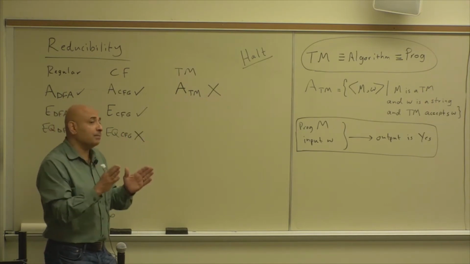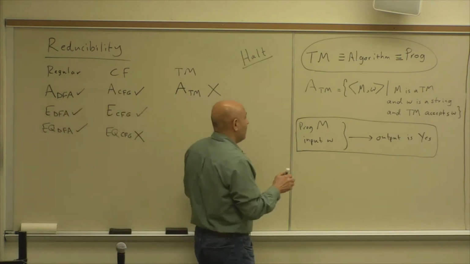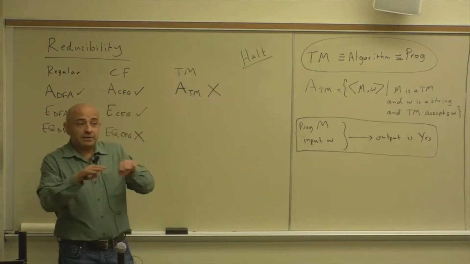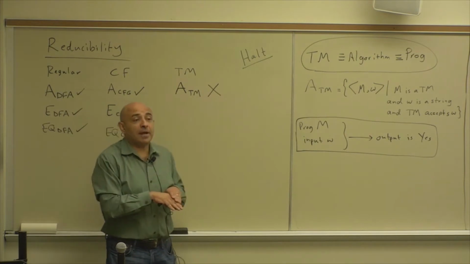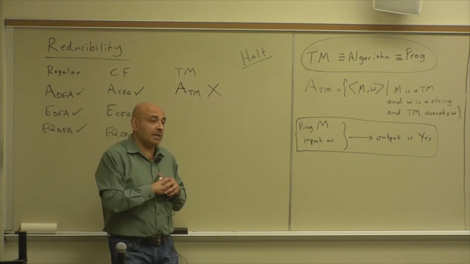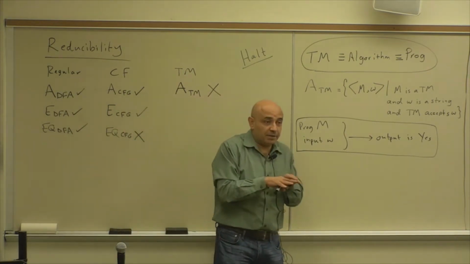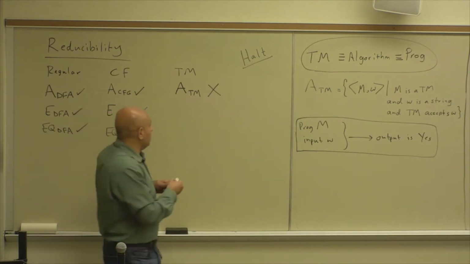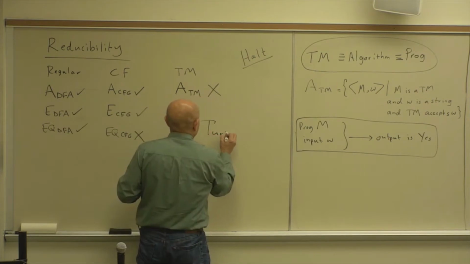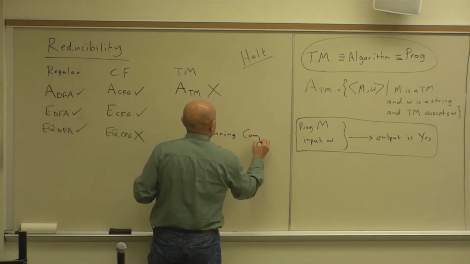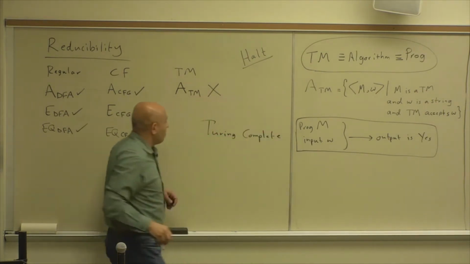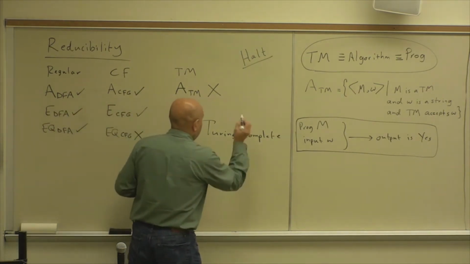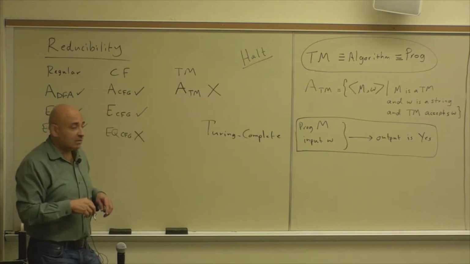So the analysis program that we're trying to write and the program M that we're trying to analyze, both are written in general purpose programming languages. Of course, they don't have to be written in the same language, but they both have to be written in general purpose programming languages, or Turing complete programming languages, a language that has all the features that can be implemented using a Turing machine.